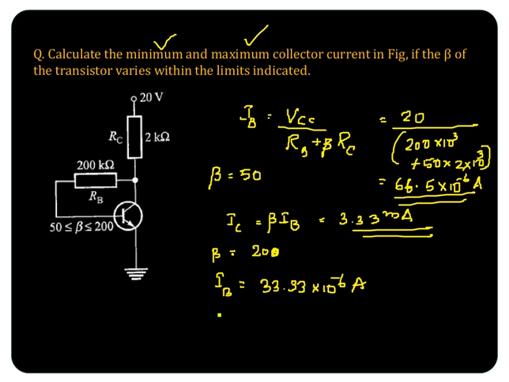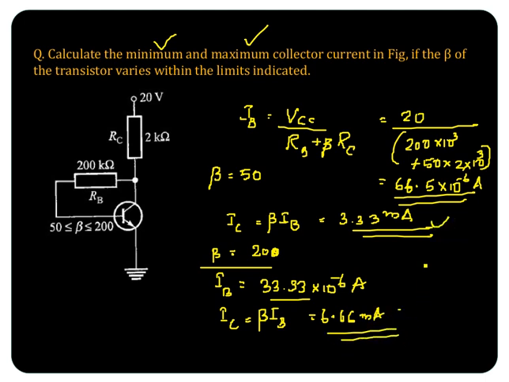Okay, and with the same expression IC equal to beta IB, substituting this IB and the new beta value, beta is 200 and IB is this value, you get IC equal to 6.66 milliampere.